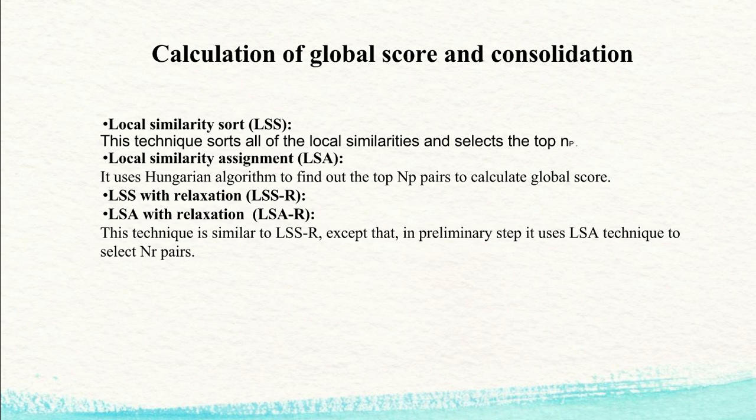There is also another technique, LSA with relaxation, which is a derivative of LSS. The difference is that in the preliminary steps it uses the LSA technique to select NR pairs, and then uses the LSSR method. So it's just a derivative of LSSR and LSA.